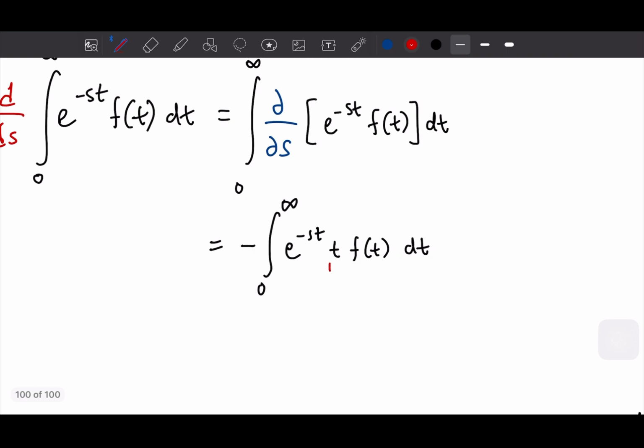Okay, now we have this t f(t). In the original Laplace, this is supposed to be just f(t), right?